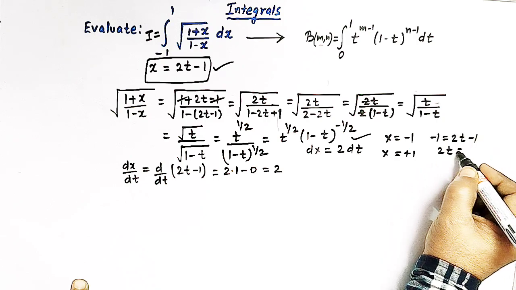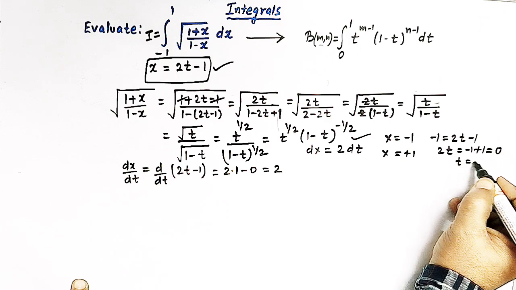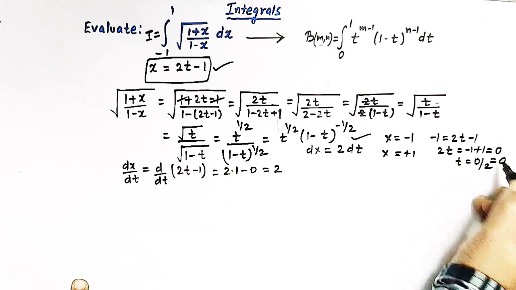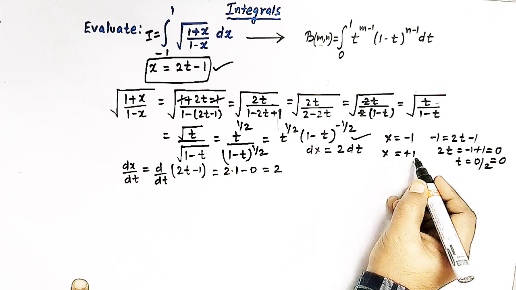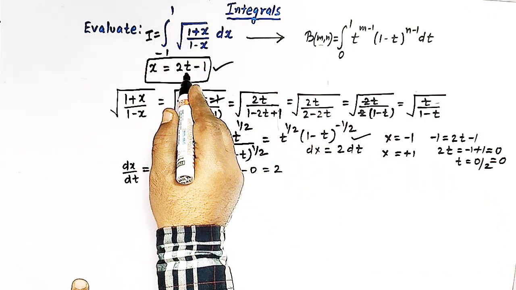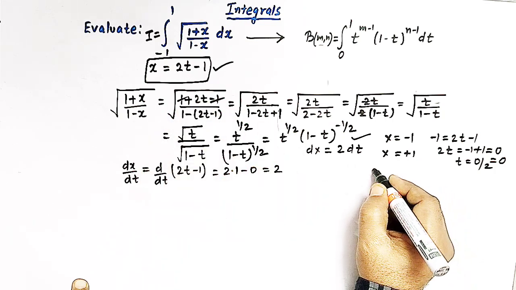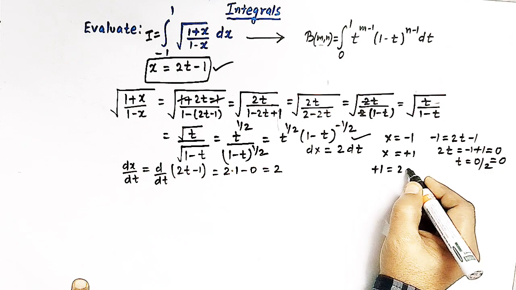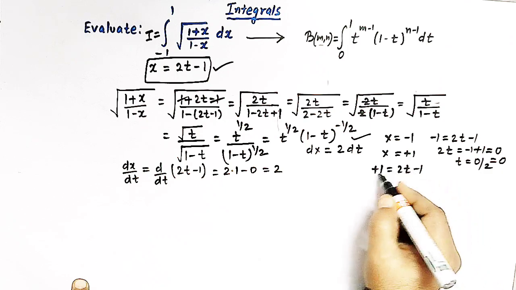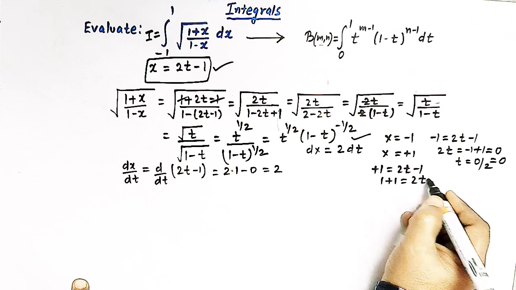So 2t is equal to minus 1 plus 1, that is 0. So t is 0 over 2, that is 0, right? And when x is plus 1, then the value of t can again be calculated from this expression. So we have plus 1 is equal to 2t minus 1, and taking minus 1 to this side, we have 1 plus 1 is equal to 2t.